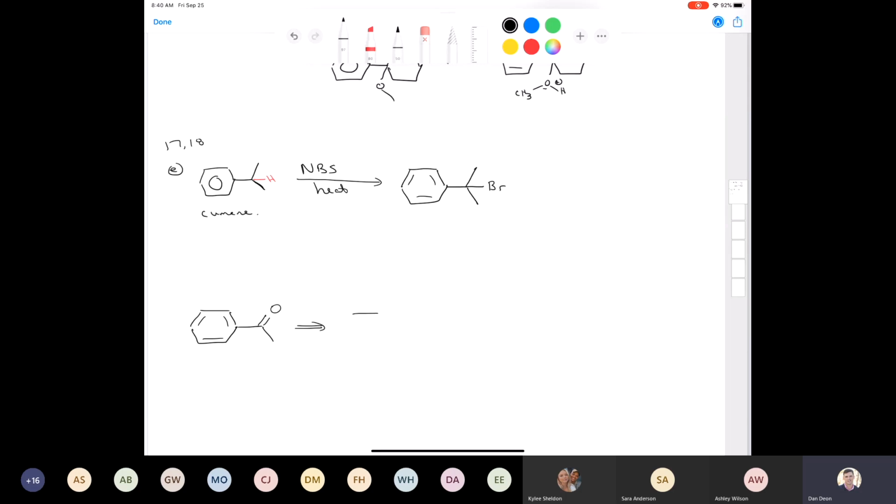We don't have that many ways to make a ketone, but couldn't we make it from this alkene? Couldn't we do an ozonolysis reaction and break that off like that? I'd say that's probably our best option.